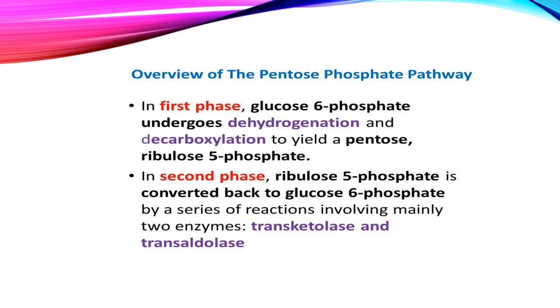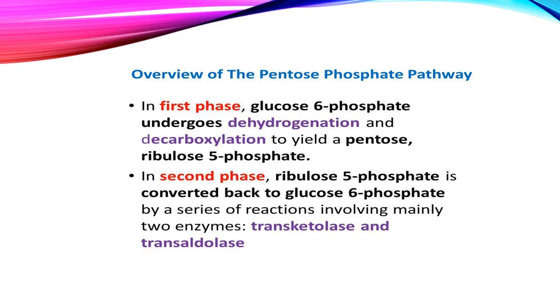So the first phase is the oxidation phase, where glucose 6-phosphate undergoes dehydrogenation and decarboxylation to yield pentose, that is ribulose 5-phosphate. In the first phase, glucose 6-phosphate is getting converted by various steps into ribulose 5-phosphate.